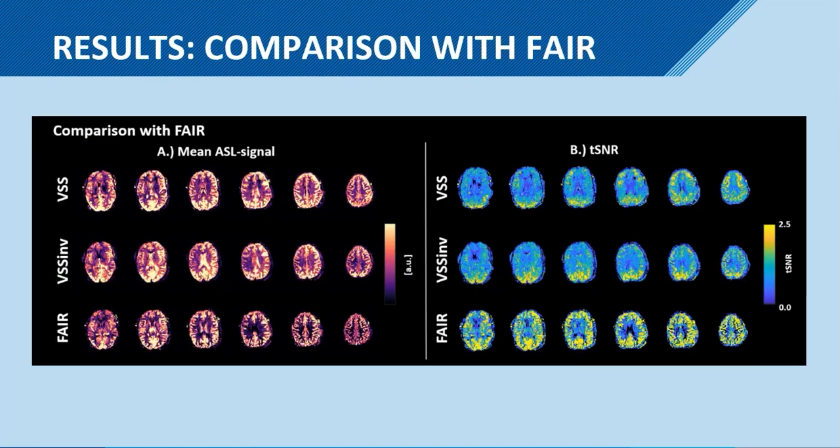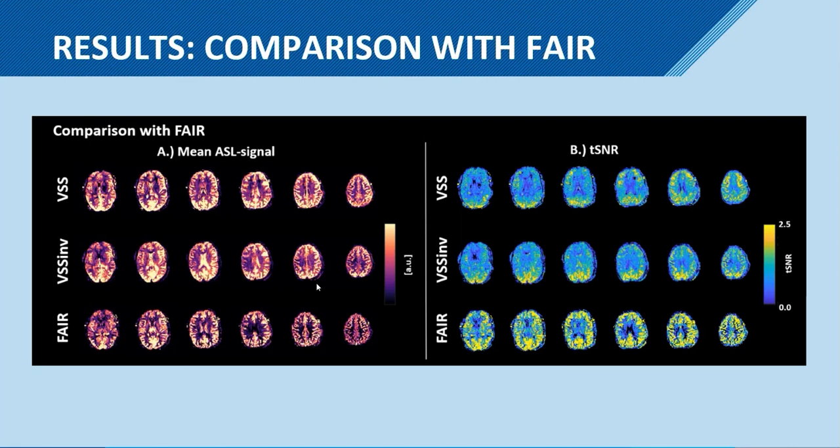Then I compared it to FAIR ASL, where if we compare the velocity selective inversion and the FAIR, you see that we see a lot more gray matter, white matter contrast in the FAIR ASL. That's also reflected in the TSNR. So the TSNR of the FAIR is still better than the velocity selective ASL.